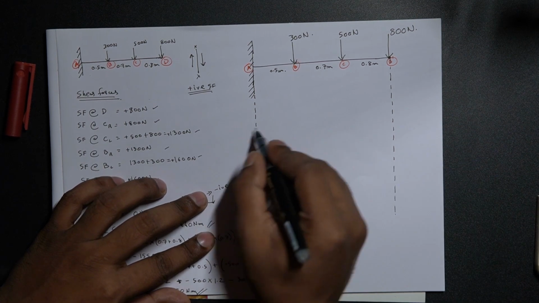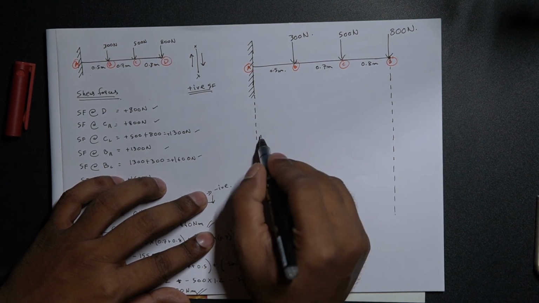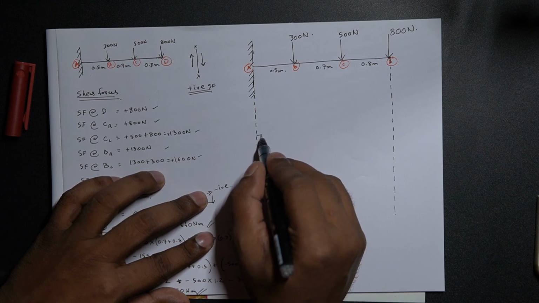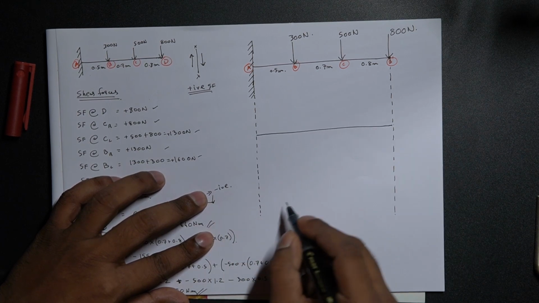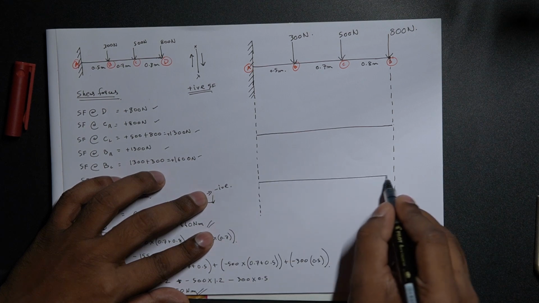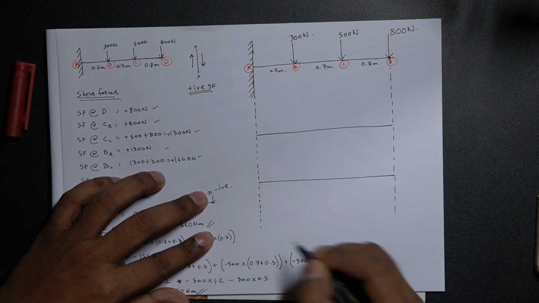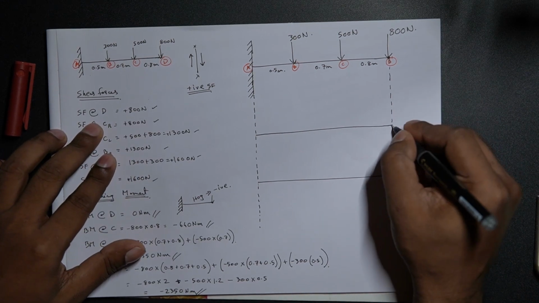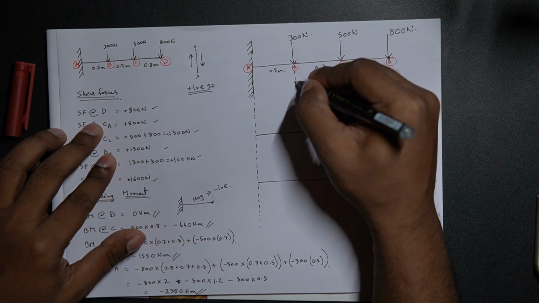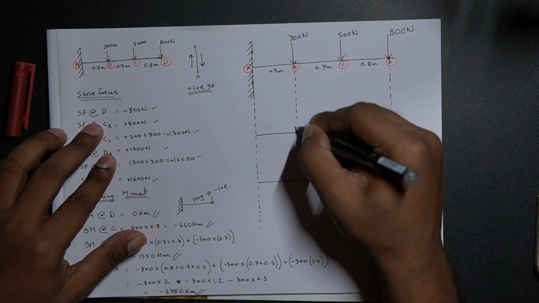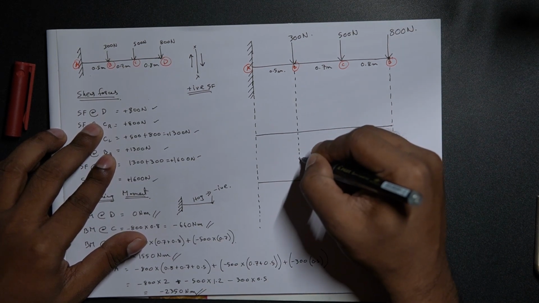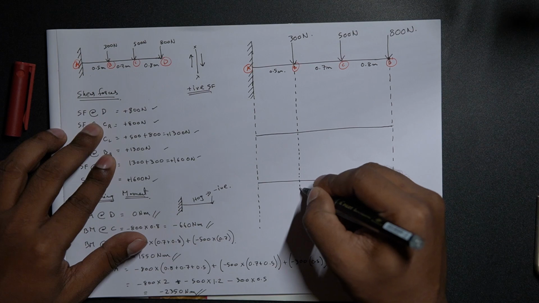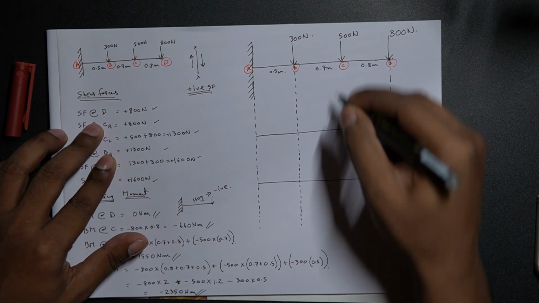So first I'm going to draw the origin, the x-axis for shear force and bending moment diagram. So let's consider this as the x-axis for shear force and this as the x-axis for bending moment diagram. Let's start with the shear force diagram. So shear force at point D, it will be more convenient if you can extend the lines where the loads are intersecting, because it would be easy to mark.